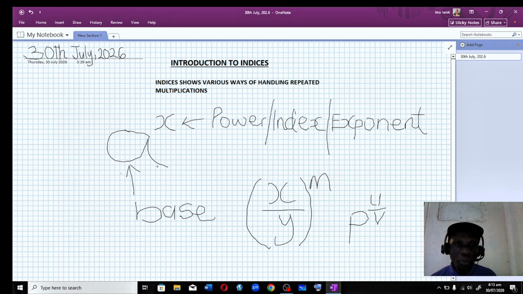Lastly, anytime you are given a problem on indices that involves decimals, either you have a decimal as the base or you have a decimal as a power, please endeavor to convert from decimal to vulgar or proper fractions or improper fractions as the case may be before you go ahead to simplify your problems. When you do so, it makes your work easier.